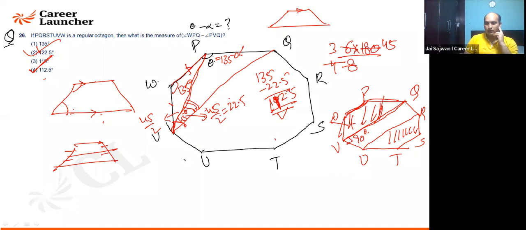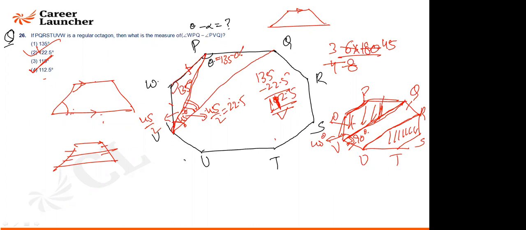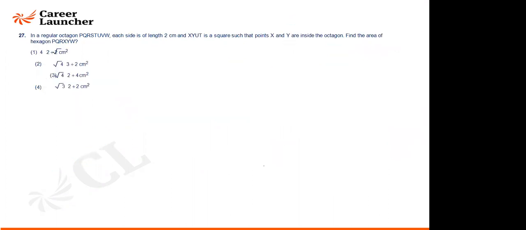Now it is a rectangle. Why? Because this is equal, this is equal. This length must be equal to this one. You got a rectangle here. So 90 degree है तो मैम यहाँ पर ये 45 degree होगा because the total angle in a octagon is coming out to be 135 degree. Okay, sir, got it. Is it fine? Okay. Yes, sir. Thank you for coming back. Let's go to the next one.